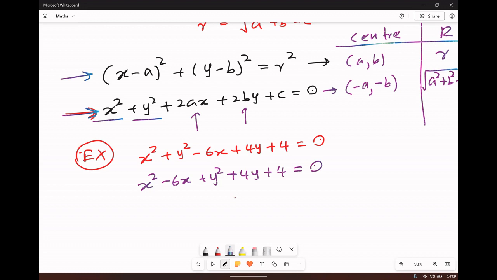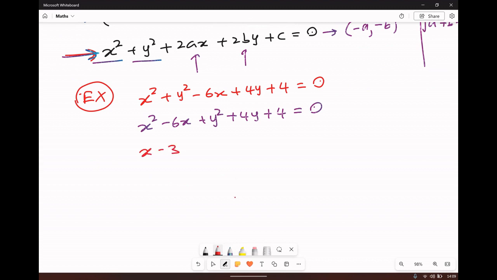of the circle. So (x minus 3) squared, and then we get minus 9, plus for these two terms (y plus 2) squared, the minus 4 plus 4 is equal to 0.